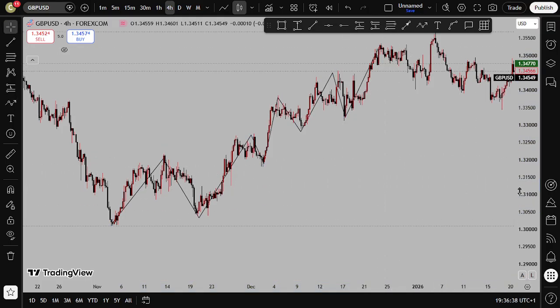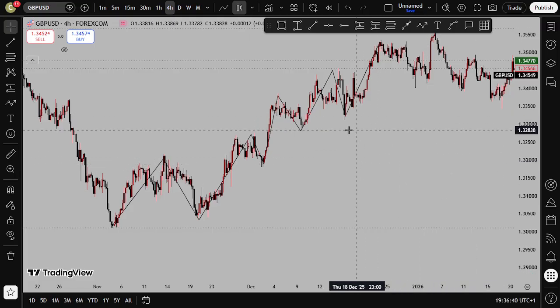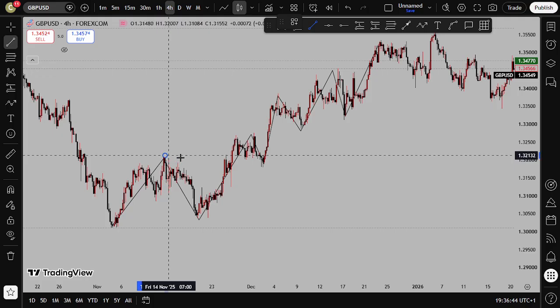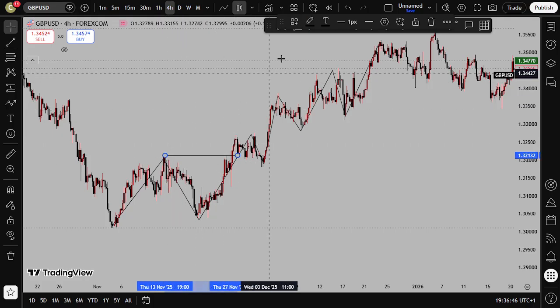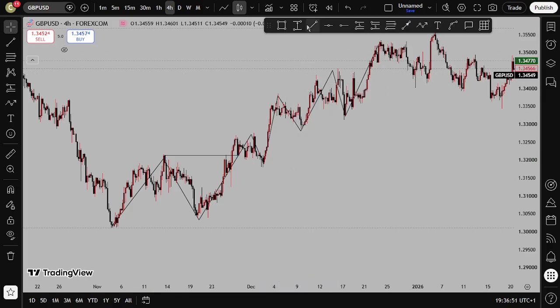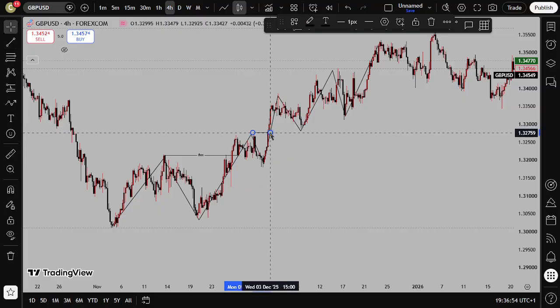So we call this an uptrend. Now, this is a break of structure. Call this what? A break of structure to the upside since it's an uptrend.